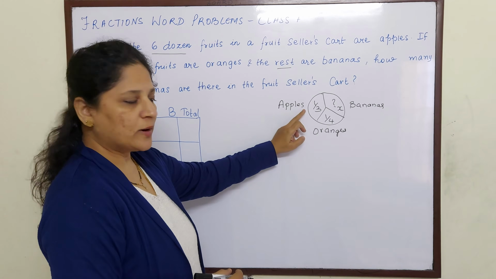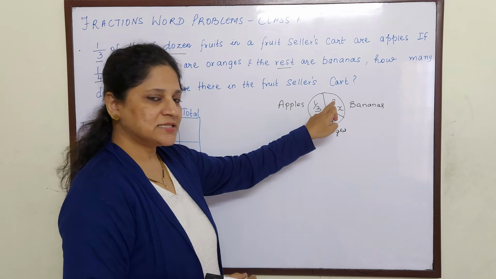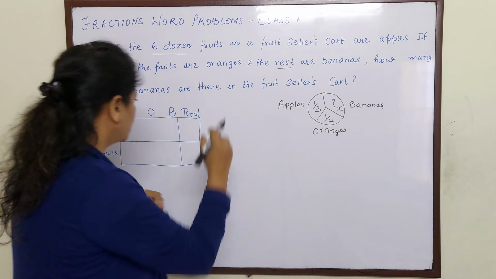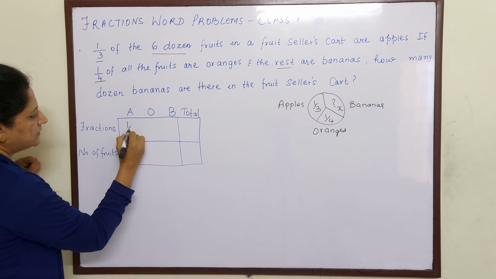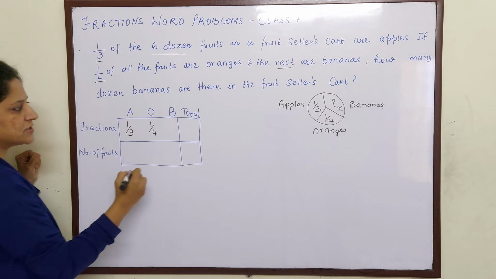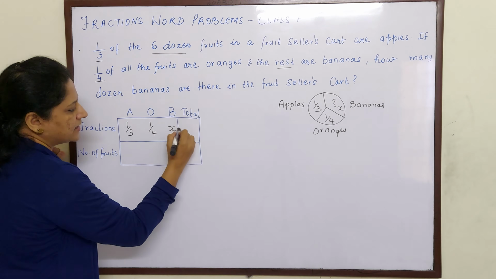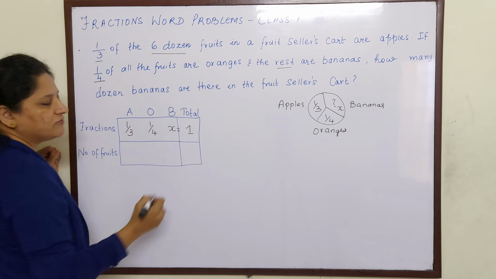So we can do addition: 1/3 plus 1/4 plus x will give you 1. So I will fill in the 1/3 fraction for apples, 1/4 for oranges, and the banana fraction is x, and this total will be 1.